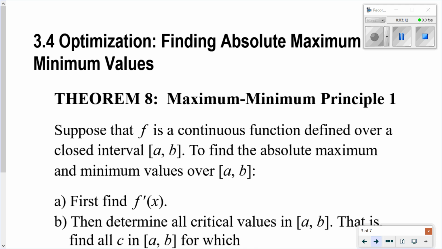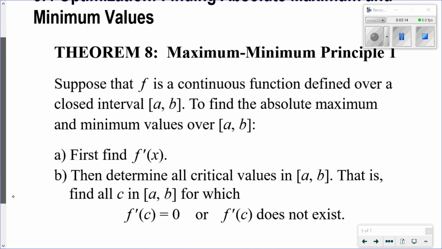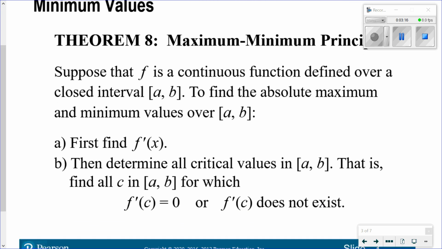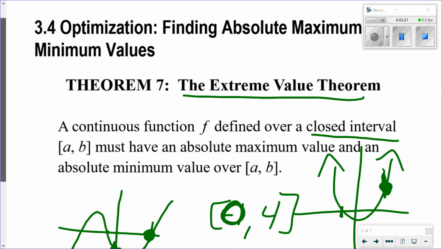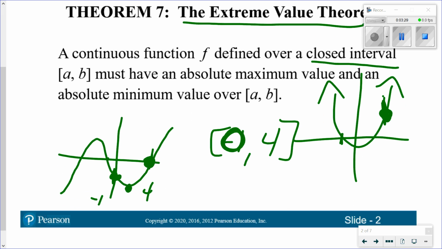Okay, so in order to find these, you might have noticed on those graphs on the last page that there were two different places where maxes or mins happen. One of the places is down here at the min, right?